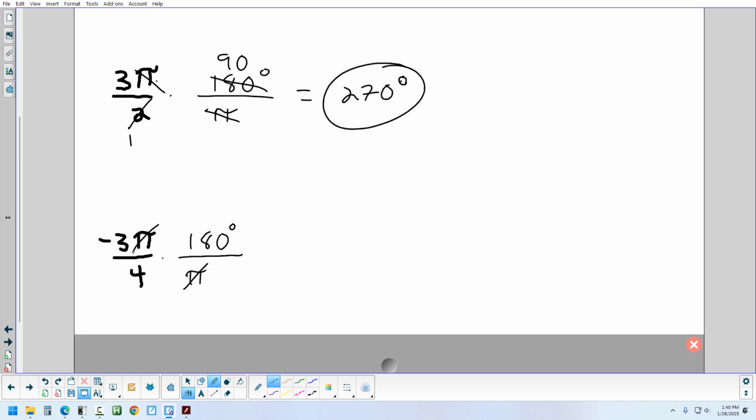And what's going to reduce? 4 goes into 4 one time, and goes into 180 45 times. So what are you left with? Negative 3 times 45, or negative 135 degrees.